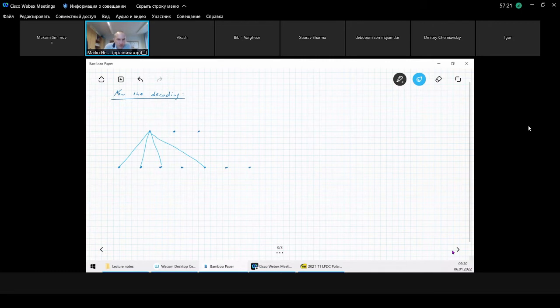Then for the second check node, we have the second, third, fourth, and second parity bit here. And for the last one, we have the first, the second, and the fourth, and the last parity bit here.